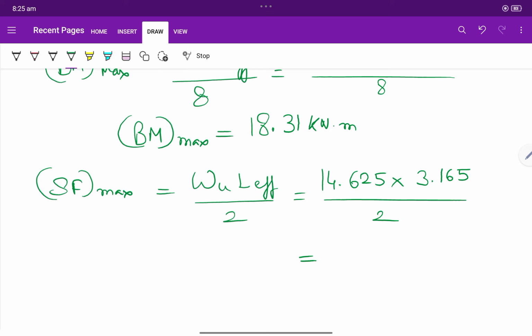Let's calculate it. 14.625 into 3.165 divided by 2, the value comes to 23.14.